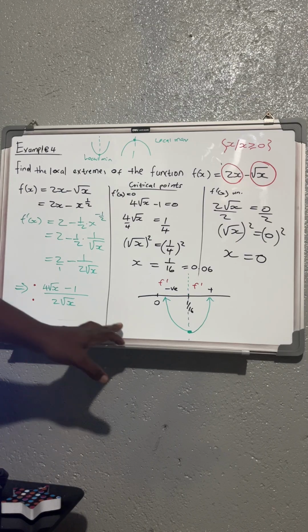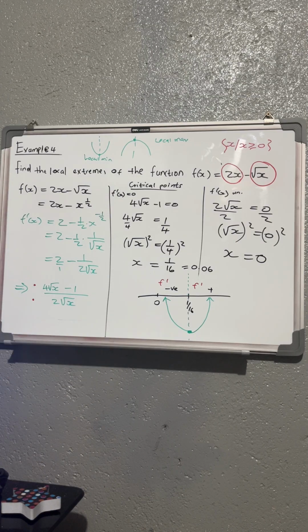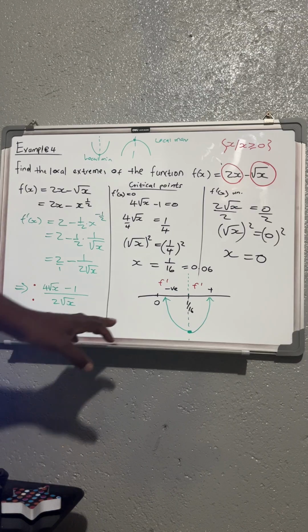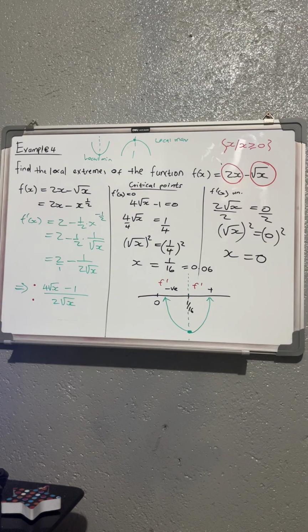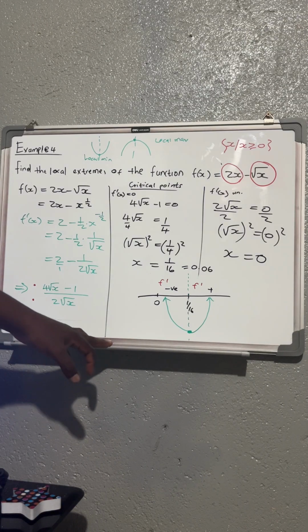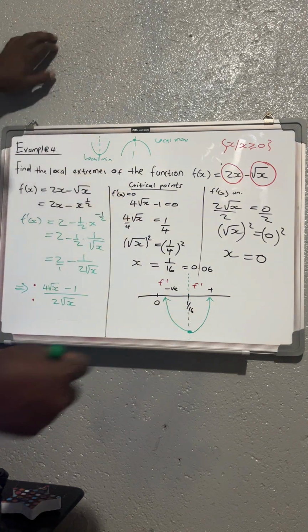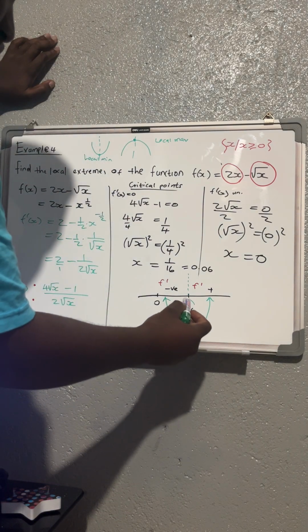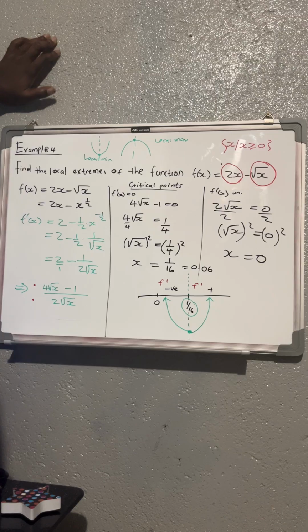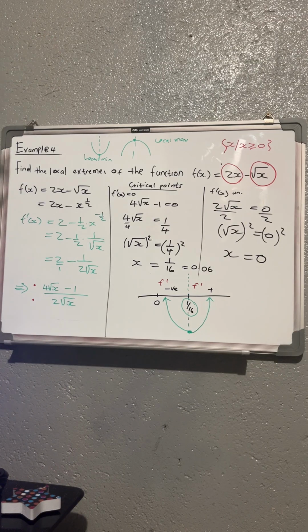Because the last step that you have to do is to do your conclusion. You will say we have our local maximum, and the local maximum value is, you're going to take this x is equals to 1 over 16 and input it into the original function. Because there is another way that they would trick you in an MCQ, multiple choice questions.